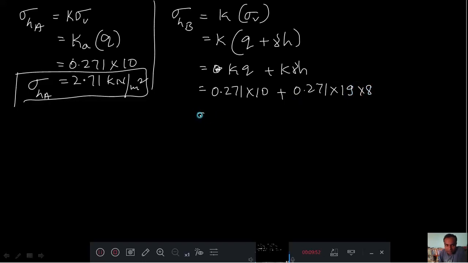Okay, we will not operate this entire thing at once. We want both the answers. 0.271, that is 2.71, 2.71 plus 0.271 into 19 into 8. This is your 41.92. If you want, you can add.